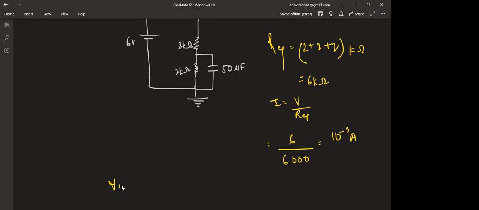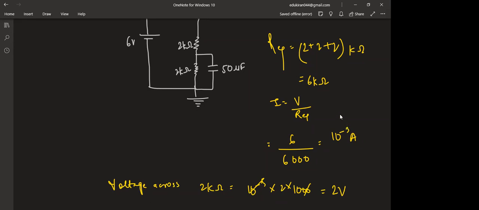So what is the voltage across 2 kilo ohms? Just multiply the current by the resistance: 10 to the power minus 3 into 2 kilo ohms. So 1000 and 10 to the power 3 get cancelled. You will have 2 volt here.